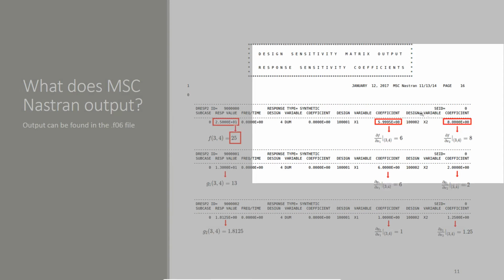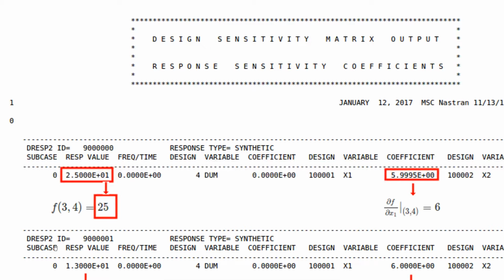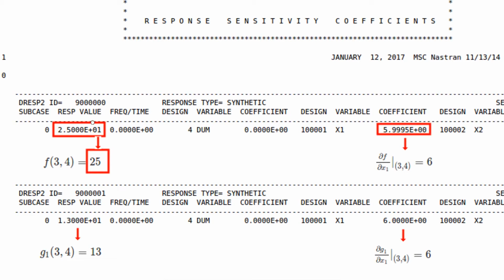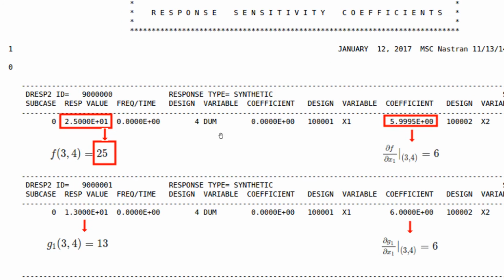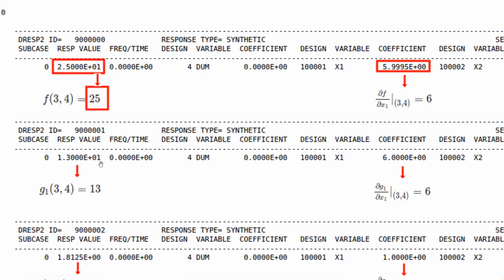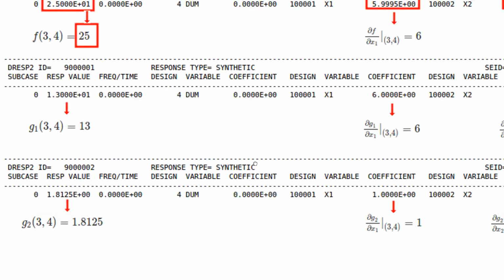Here on the right is the output, and let me zoom in a little and discuss what we have. The partial derivatives for each function are separated by these dotted lines. So this section is the partial derivatives of f, partial derivatives of g1, and partial derivatives of g2.